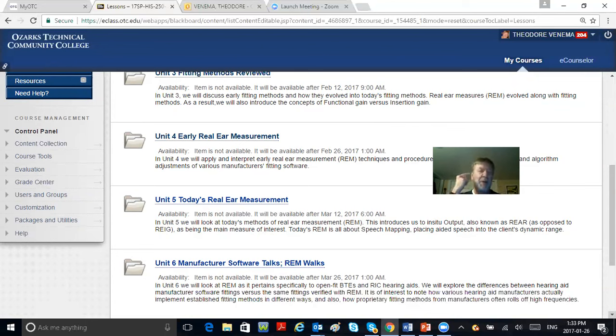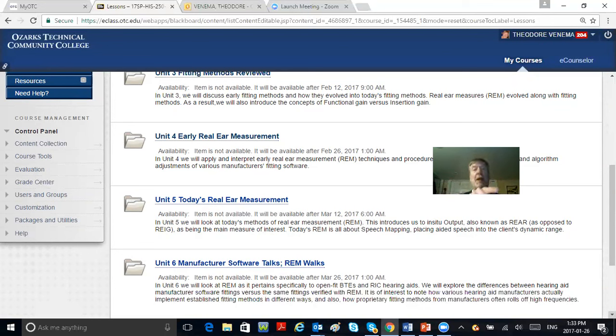Today, you put the probe in the ear right away, and you put the hearing aid on top of it. So you're not even looking at REUR, open, unaided ear canal resonance. We don't really do that very much, okay? Today, we do what's called speech mapping.